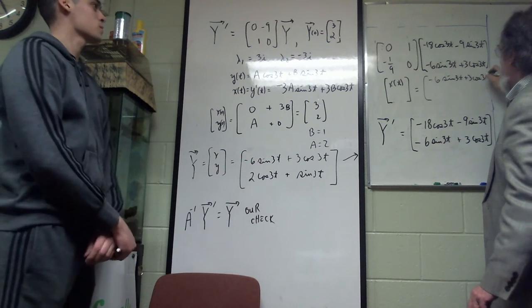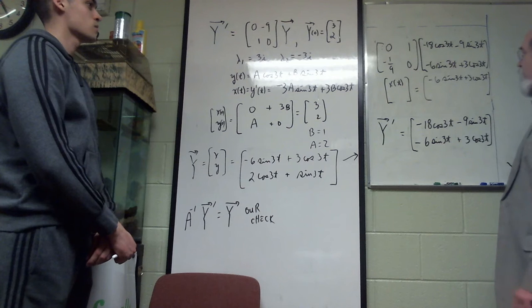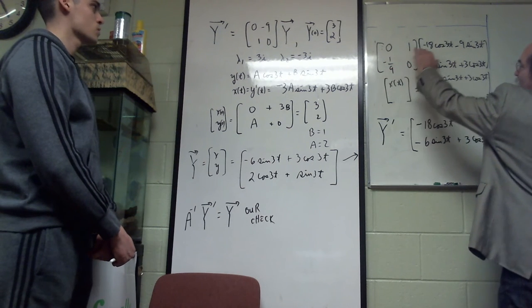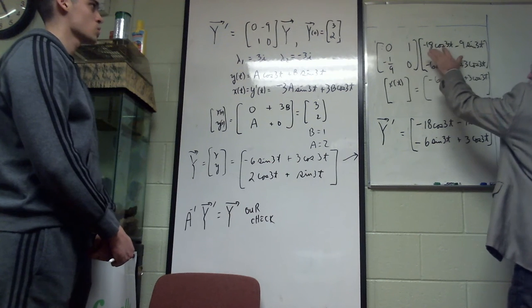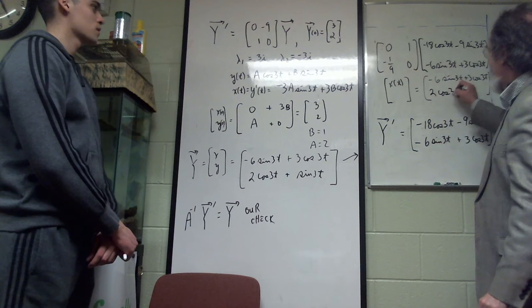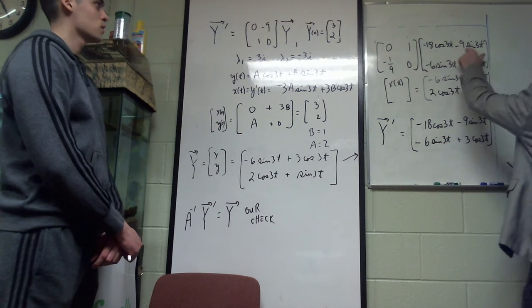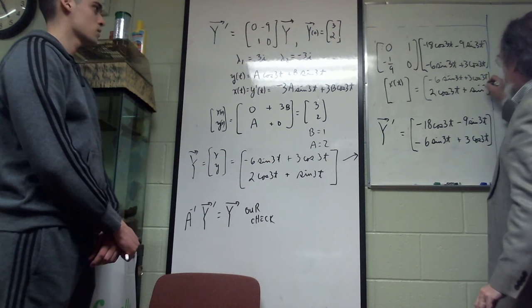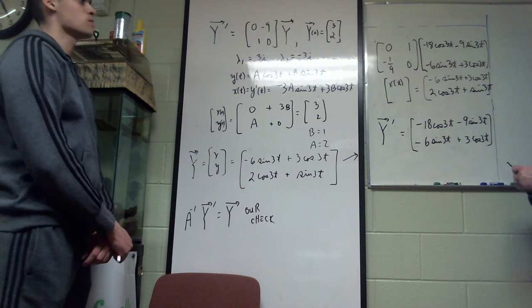That's why it's handy having Bronco. It's another set of arms to point at stuff. Now let's go for this other one. It's going to be a negative 1/9 times the whole top row. So I'm going to get a positive 2 cosine 3t. Does that look good? It does. Son of a gun. And then the 9's cancel and the minus signs cancel. I get just a plus sine 3t. We got it. It worked.